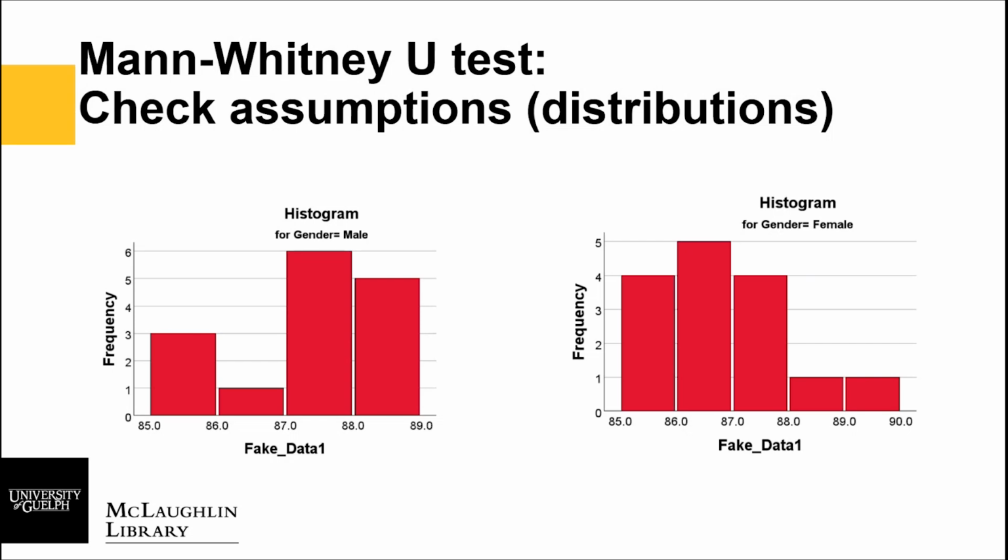Whereas for the female participants, most of the data looks like it's between 85 and 88. So one of these is skewed to the right and one of these is skewed to the left. I would say these distributions don't look like they're the same shape. So potentially you can't use this test to assess for differences. So we might have failed this assumption.